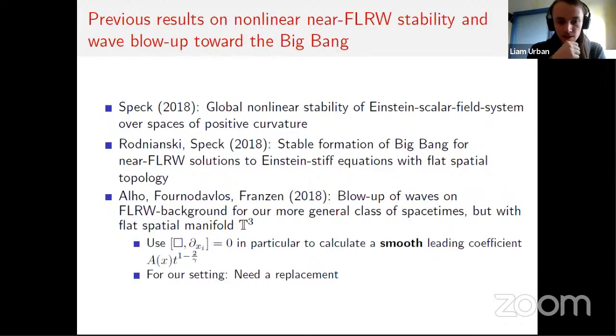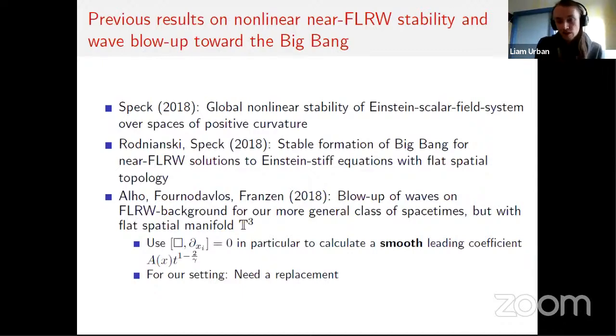They proved that when the waves go back towards the Big Bang, the waves roughly look like some smooth prefactor times t to the power 1 - 2 over gamma. I'll remark in a second on where this comes from, but that's basically the idea. The one point where they used the nicety of being in Euclidean space is that it allowed them to commute any spatial derivative with the wave operator, simply because all spatial derivatives commute.